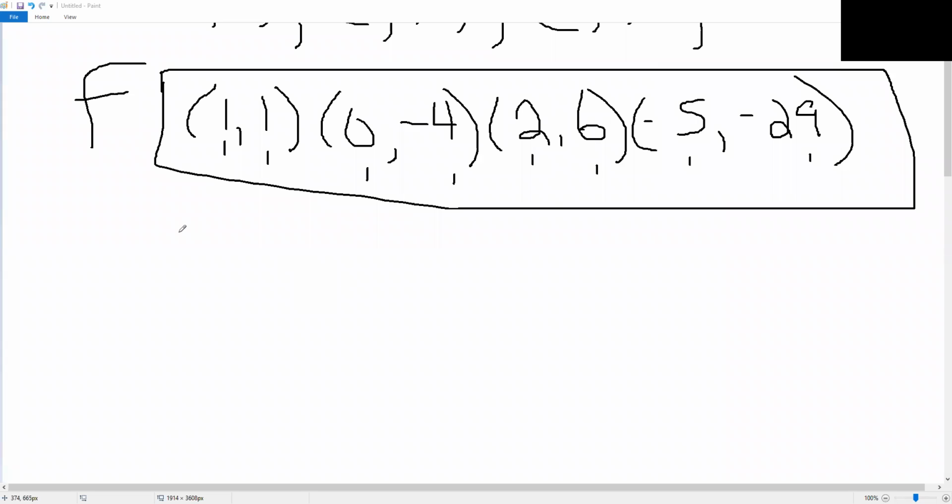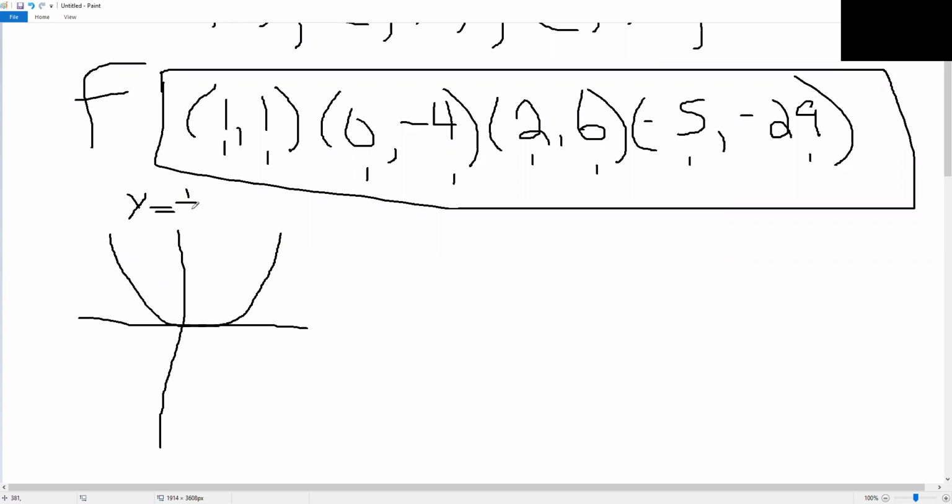So let's say we have a parabola, kind of like this. This is a Cartesian plane. This represents y equals 1/4 x squared.